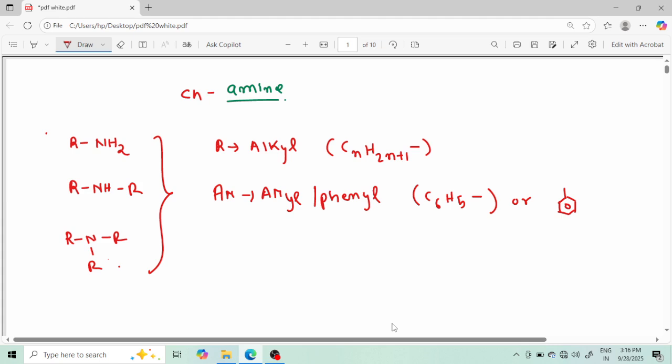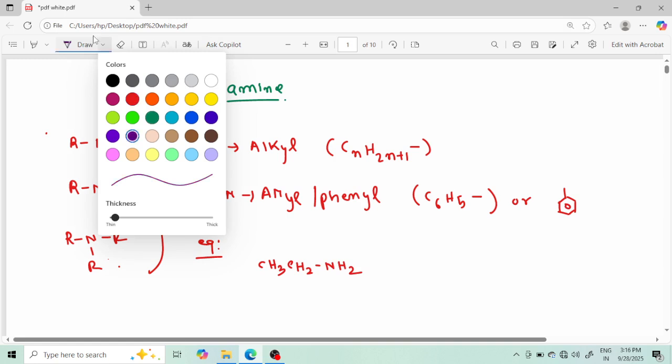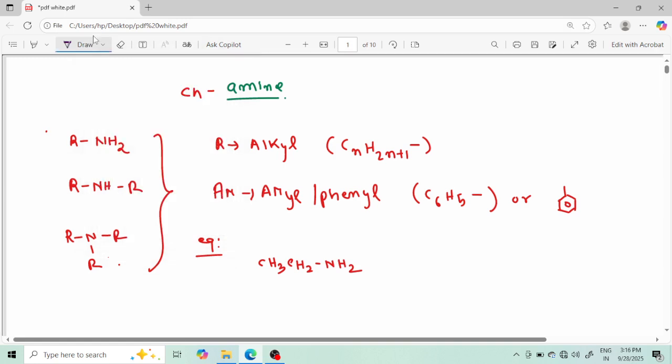Now if I give you some examples, suppose I am giving CH3CH2 bonded with NH2. Another example is, let's say, one phenyl group bonded with NH, and it is bonded with CH2CH3. Clear?